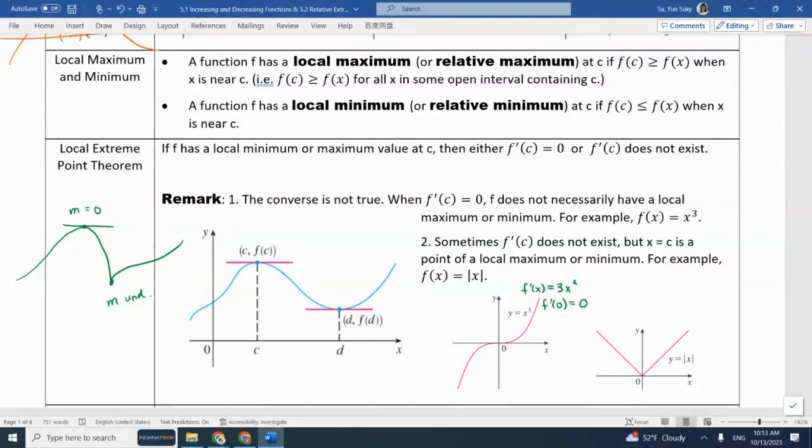By the way, you know what a converse is, right? P implies Q. The converse statement is Q implies P. And the contrapositive is not Q implies not P. Do you still remember logic statements?